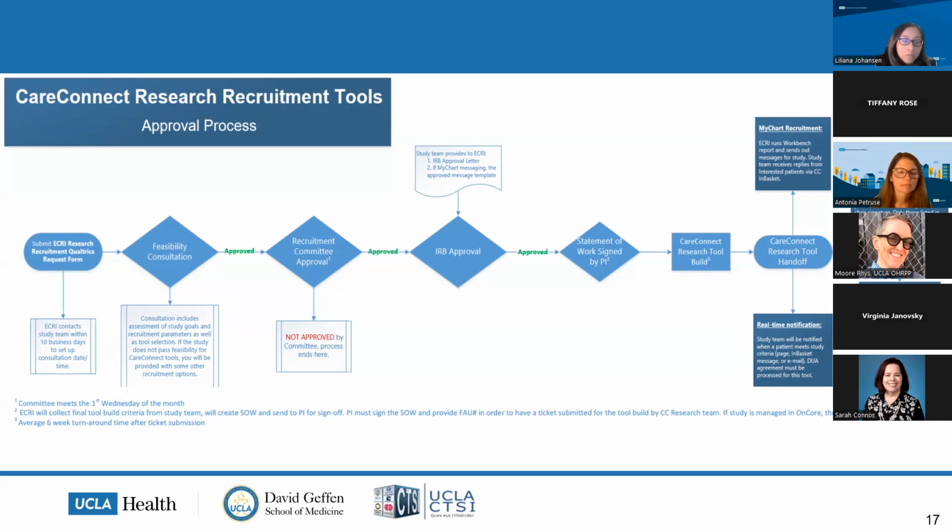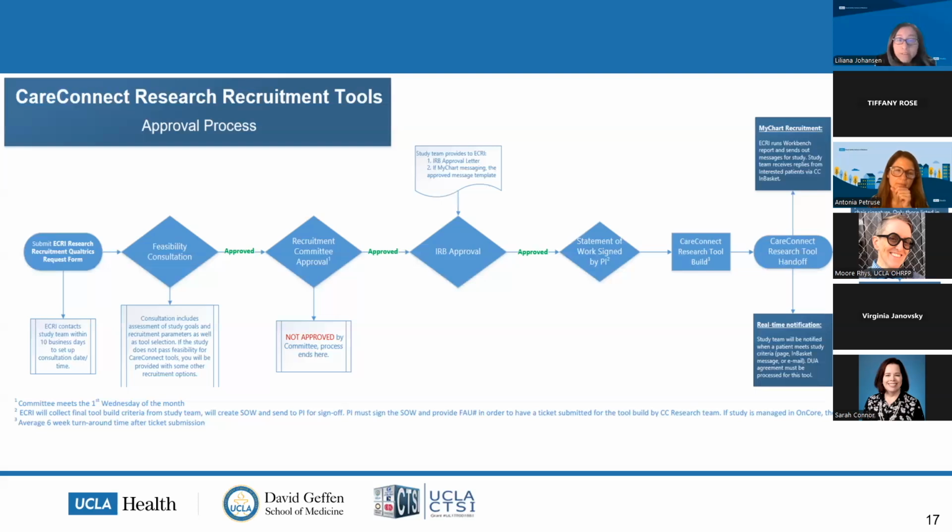And then we review that information. We do an exploration of the available cohort, which is all used during a feasibility consultation that we have with your team to review everything. Everything will be based on your timeline, your recruitment goal, all those factors that we ask in that Qualtrics form come into play when we have that 30-minute consultation call.